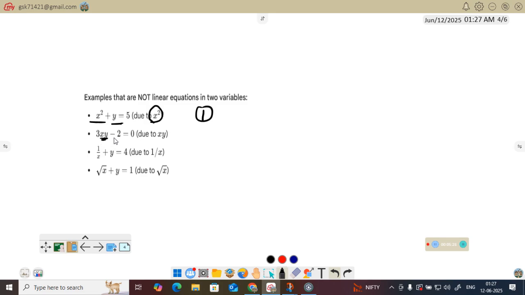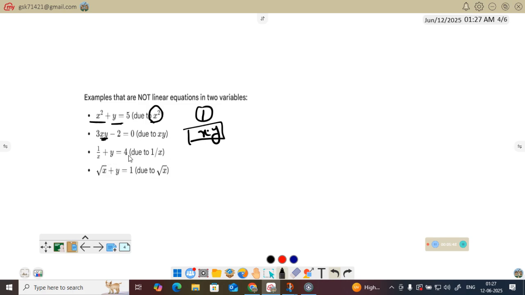Another example, 3xy minus 2 equal to 0, is not linear because x and y are multiplied.